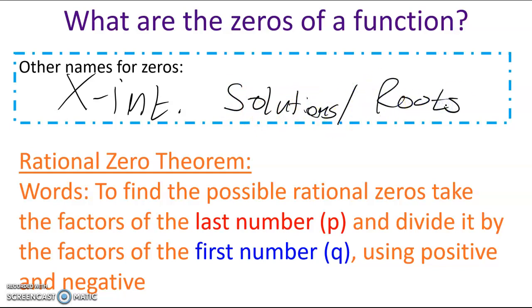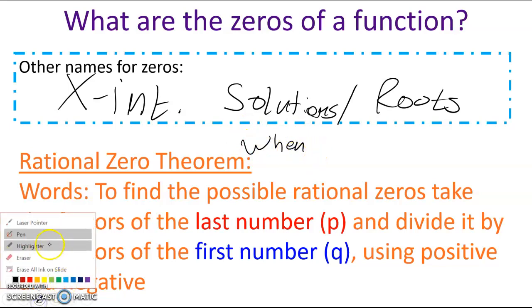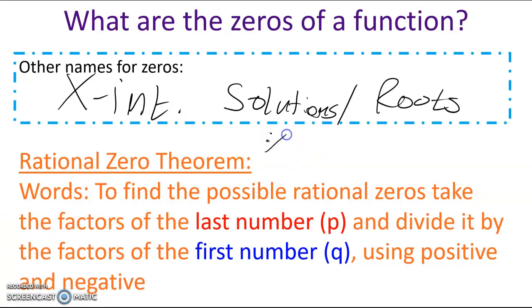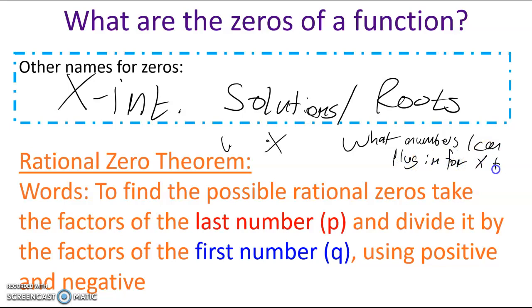Basically, when you're thinking of zeros of functions, you're thinking of what numbers I can plug in for x to get 0. That's what it means when I ask for the zeros of the function.